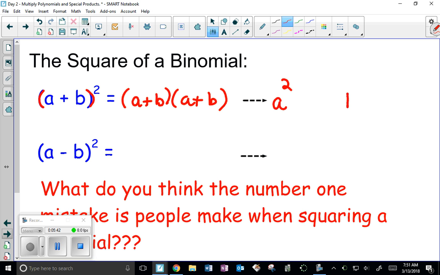The last term is going to be B squared. And if you can FOIL it, or recognize that the inners will be AB, the outers will be another AB, how many ABs do I have? 2. So I have 2 ABs. You can just FOIL that if you'd like, that's fine.